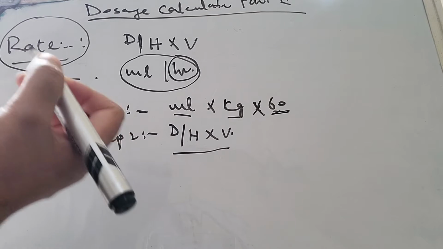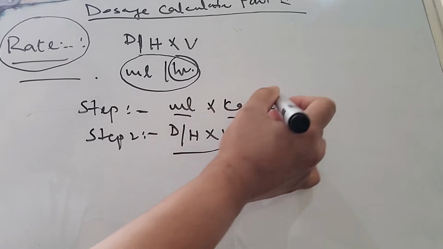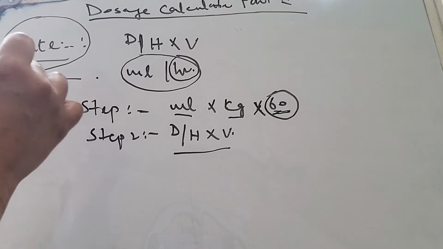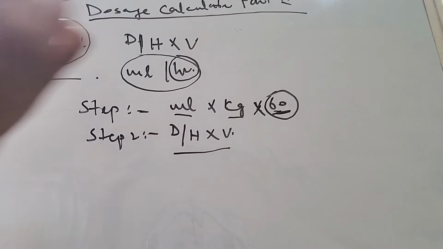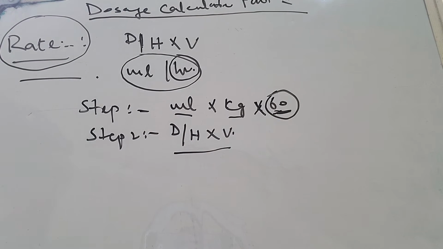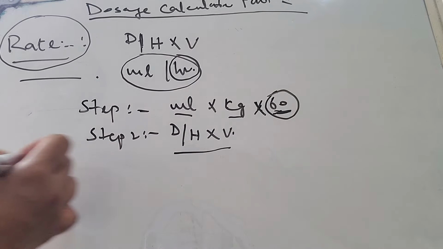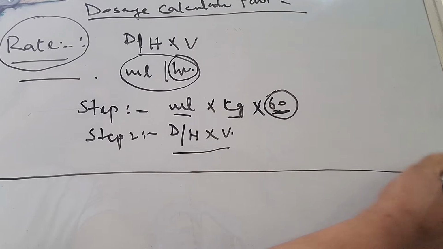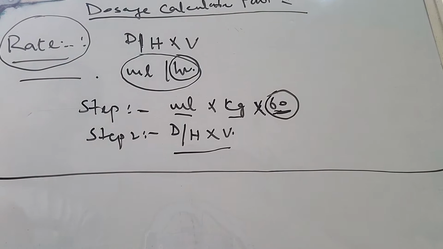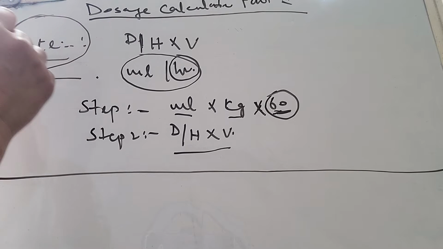If they tell you minutes, you must multiply by 60. So this is very important, always multiply by 60 to convert to hours. So we will take one practice question, so you will understand the method of the rate more.